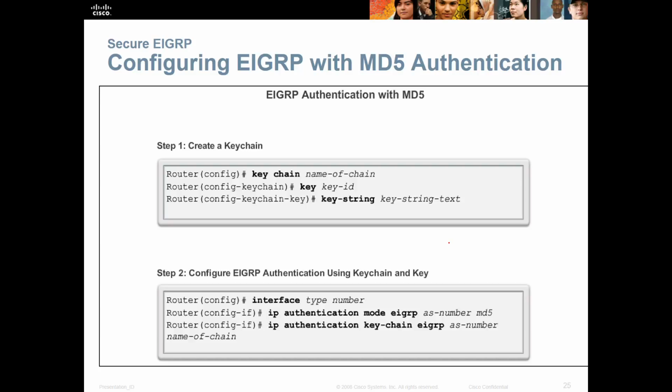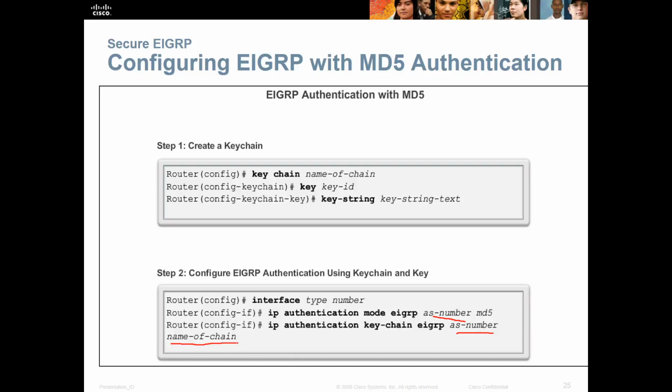We do that by going to the interface we want, setting up IP authentication mode EIGRP, the appropriate AS number, and the MD5. Then IP authentication key chain EIGRP, AS number, and the name of the chain. So the AS number is going to match, then MD5 and the name of the chain.